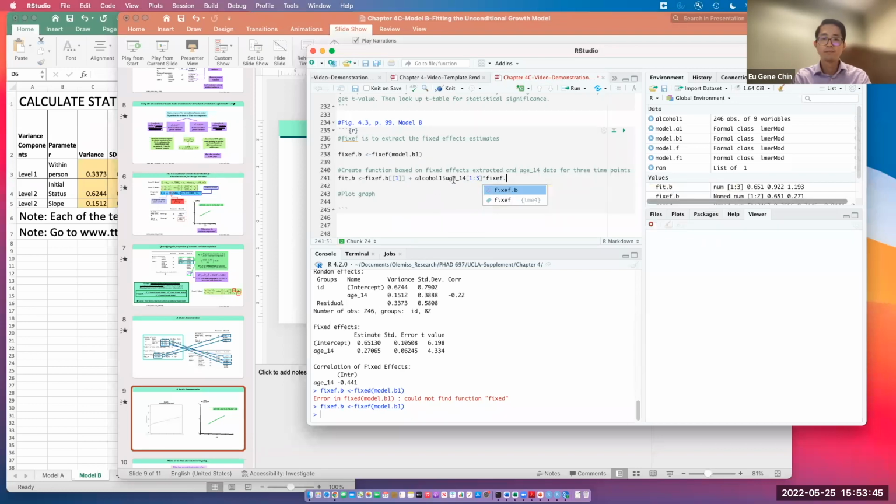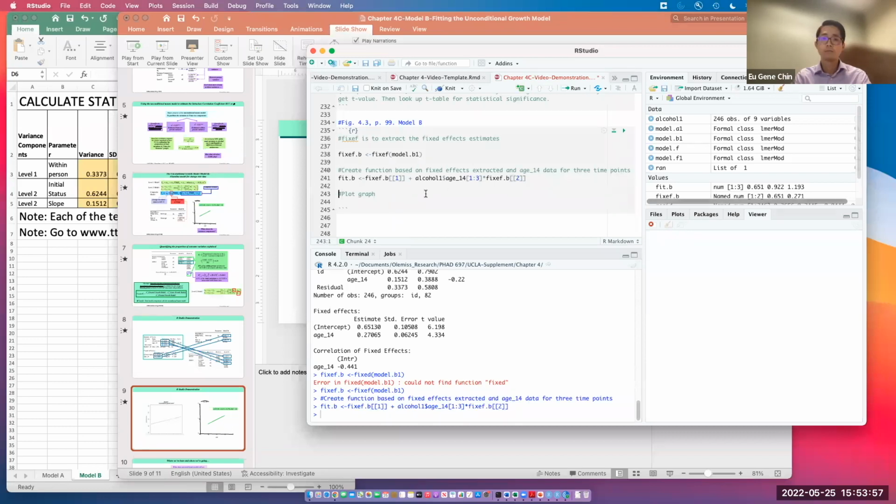T. It's going to be able to pool the slope for the population average change trajectory. And let's plot the graph. B is the function that we just created just now.